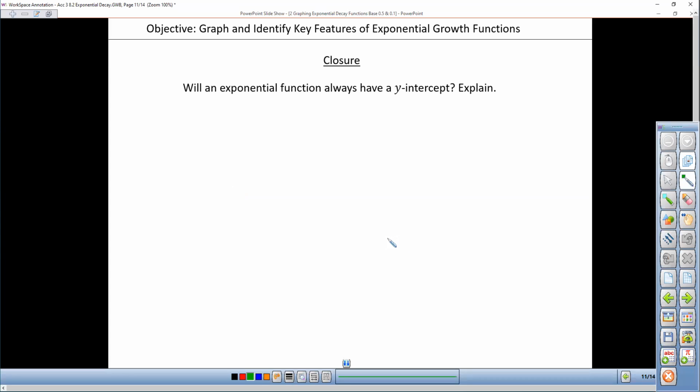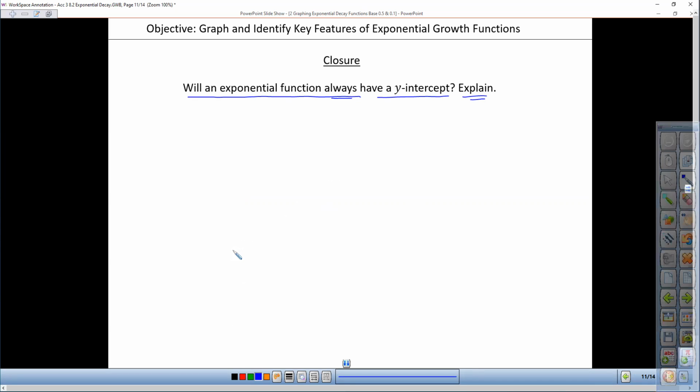There are a couple of questions about exponential functions here in this closure that I want to make sure that we talk about. The first is, will an exponential function always have a y-intercept? And so it's a yes or no situation, and then we have to be able to explain our reasoning for that conclusion. So y-intercepts, remember, are points that are on the y-axis, and all y-intercepts have an x value of 0.